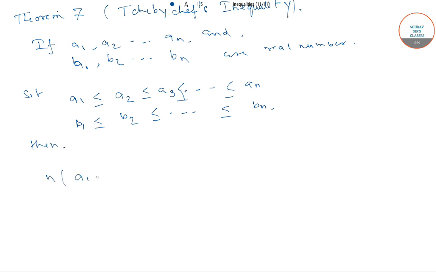n into (a1 b1 plus a2 b2 plus so on till plus an bn) is greater than or equal to (a1 plus a2 plus so on till an) into (b1 plus b2 plus so on till bn).